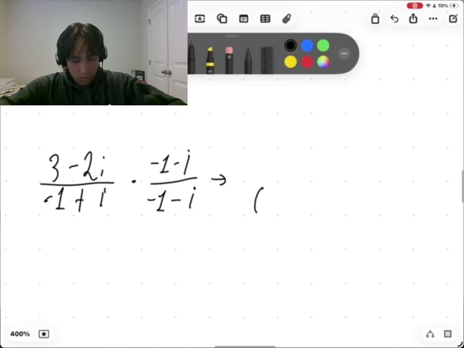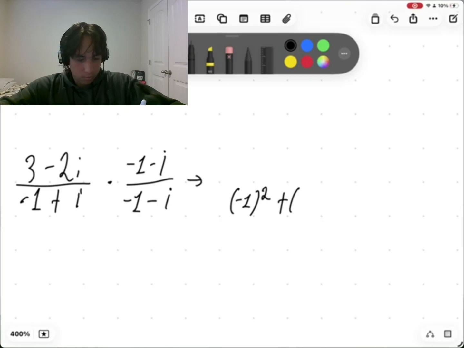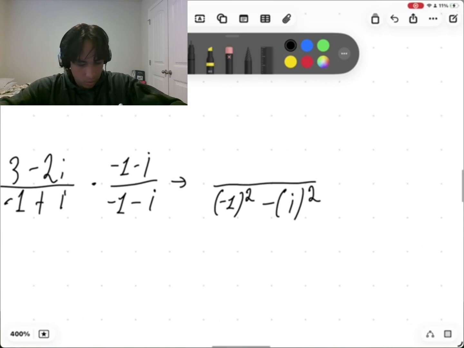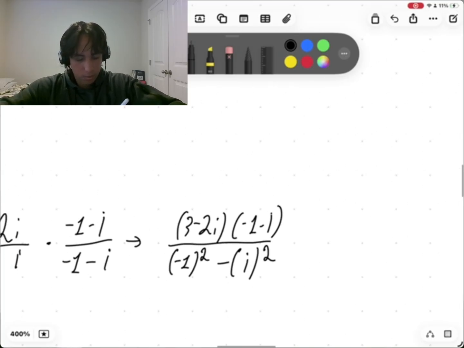So it will give us -1 squared plus, well, it was actually minus i squared, yeah, minus i squared, would be 3 minus 2i times -1 minus i, right?